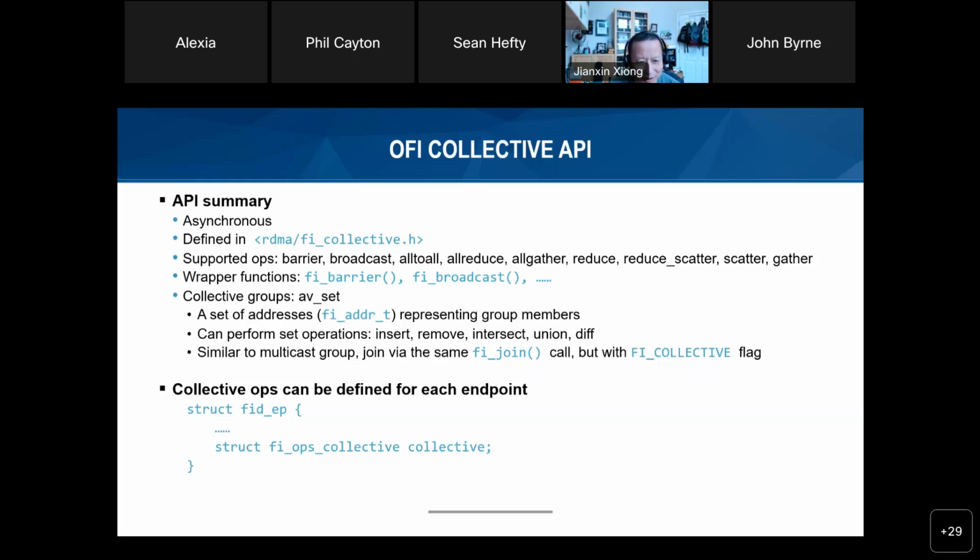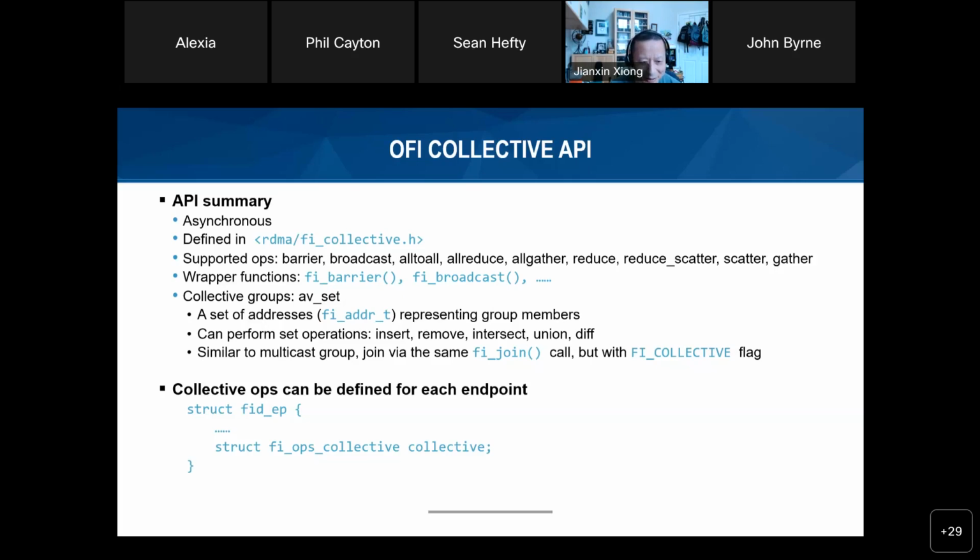The collective operations have to operate on some kind of members. This is the concept called collective groups. In OFI, a collective group is defined as what we call an AV set, a set of addresses that is part of an address vector.